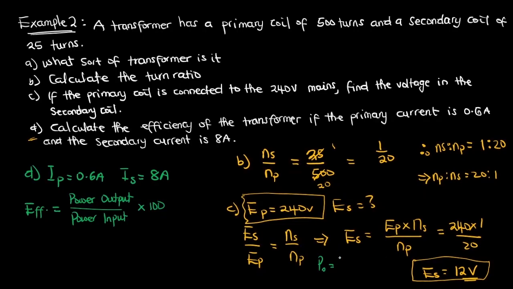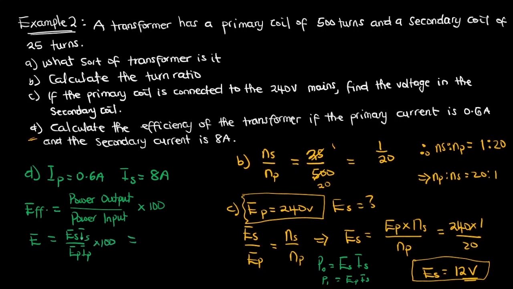So that would be the voltage in the secondary coil multiplied by the current in the secondary coil. Now the power input, which I'll make Pi, is equal to the power in the primary coil. So that would be the potential difference, or EMF, in the primary coil multiplied by the current in the primary coil. So this is effectively equal to ES IS over EP IP multiplied by 100.